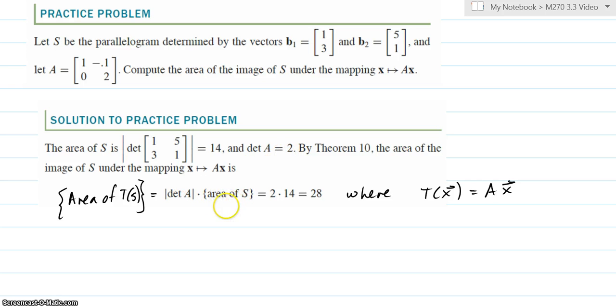We know that the area of S, it's a parallelogram, so it's just going to be the determinant of the matrix 1, 5, 3, 1.